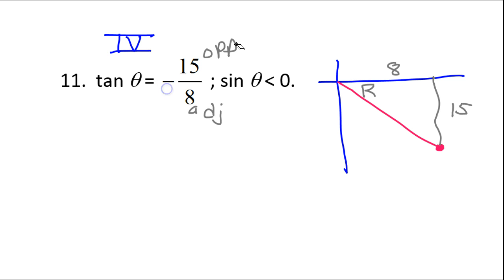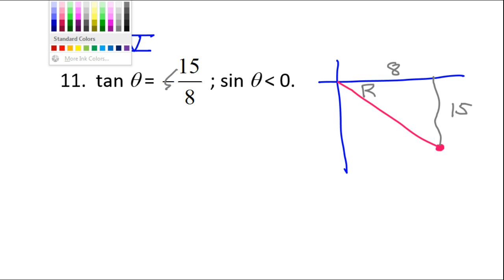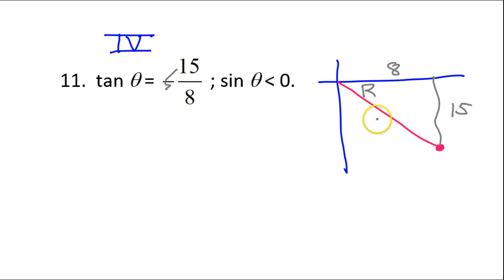So, with that in mind, we can go ahead and write all the trig. Oh, no, wait. We need the hypotenuse first. So, this is the point where we stop and do the Pythagorean theorem. Always doing that. So, I'm going to call this C. C squared is going to equal 8 squared plus 15 squared.